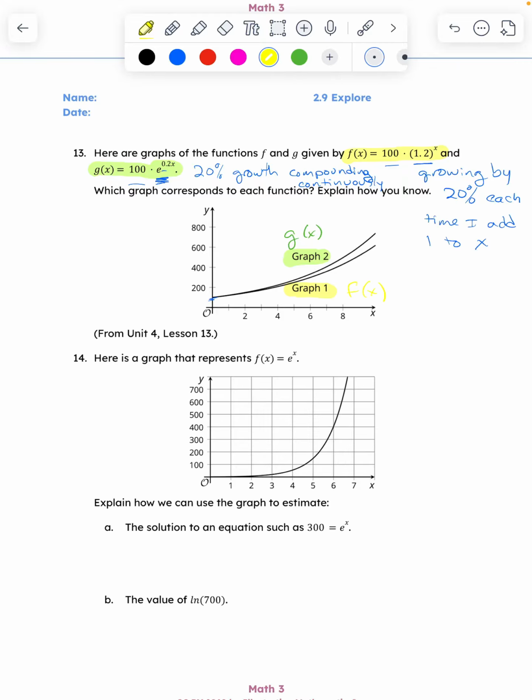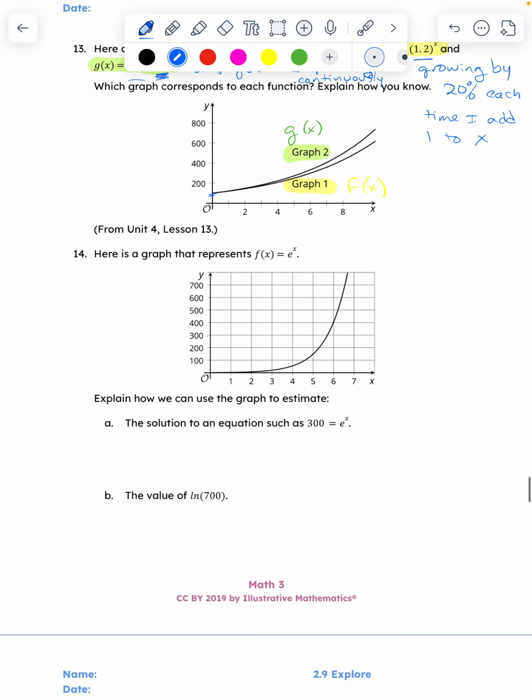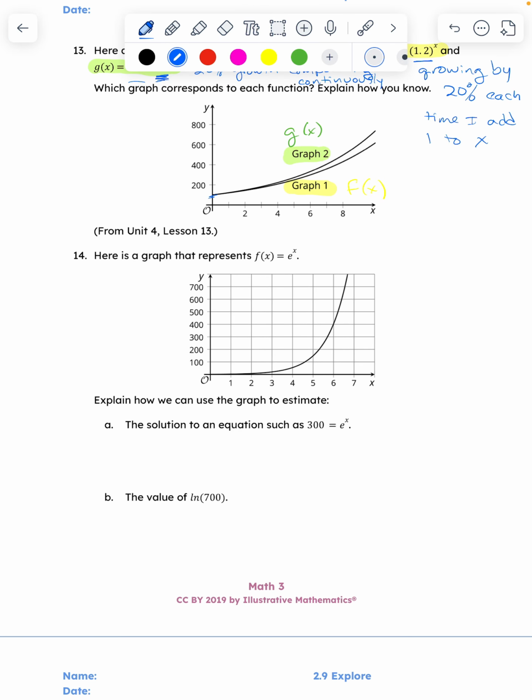Moving on. Oh, look, this is a graph of just e to the x. Lovely. So 2 questions. First is how we could use the graph to get a sense of what 300 equals e to the x would be. Well, this isn't too bad. I know my x's are on my x-axis, my y's, or my f of x's, are on my y-axis. I've just gotten a new input of a y value at 300.